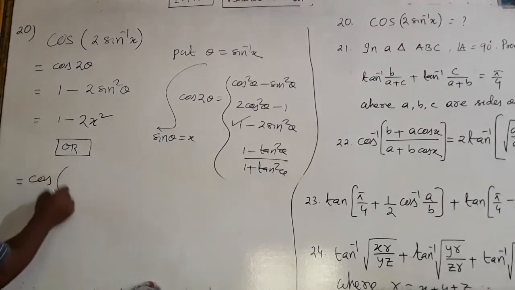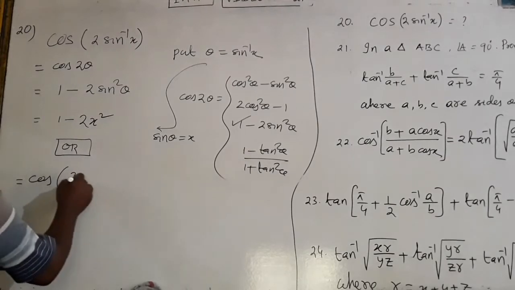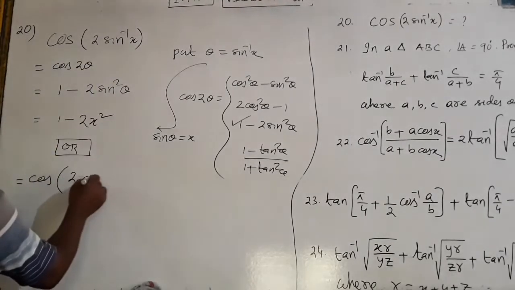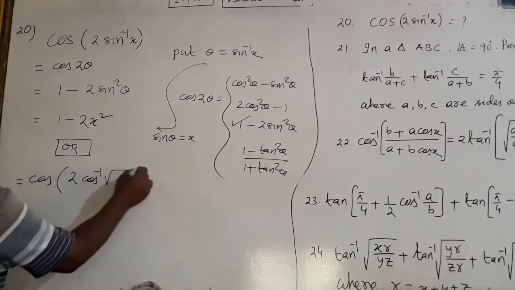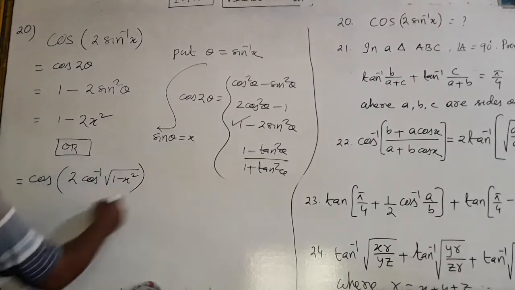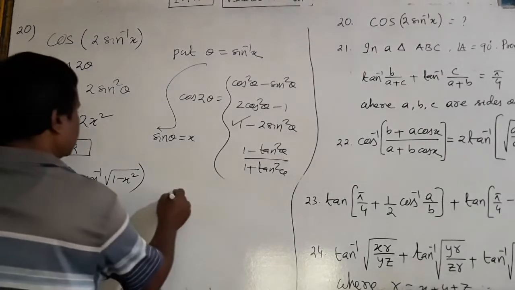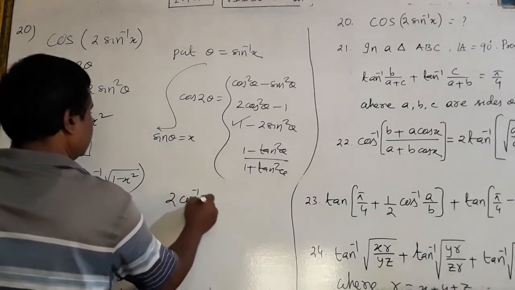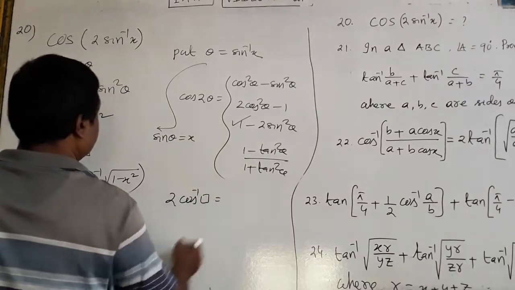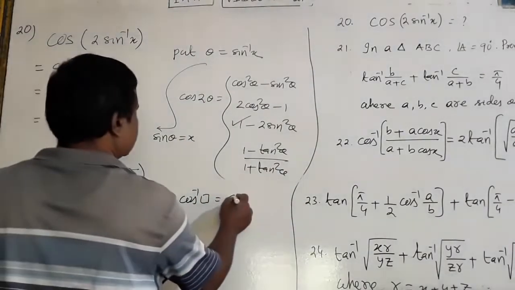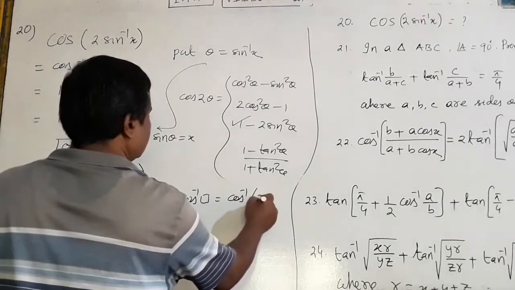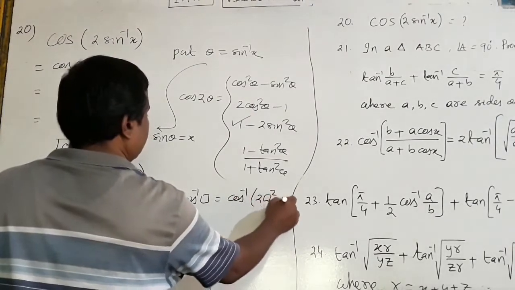Another method: cos, what is 2 sin inverse x? If I apply 2 sin inverse x, as you know, it is cos inverse of 1 minus x square. And you know the formula of 2 cos inverse x is equal to cos inverse of 2x square minus 1.